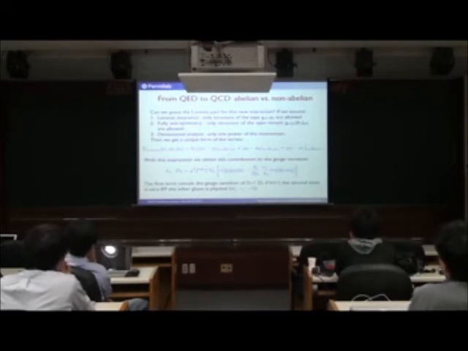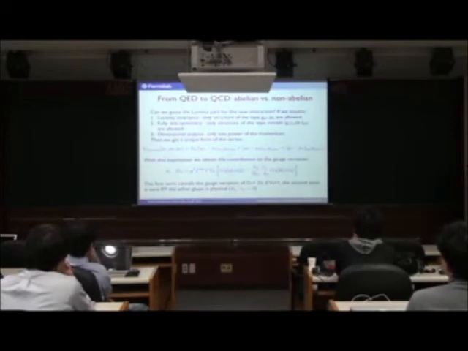And in fact, we can even guess what the Lorentz structure would be for this new interaction. If we assume that we have Lorentz invariance, that the vertex is fully antisymmetric, and that we only have one power of the momentum in the vertex, then we can actually get a unique form of the vertex. It will have to look something like this. And now if we compare to our gauge variation, we can even determine the B0.